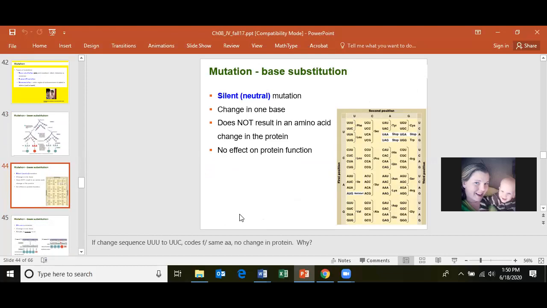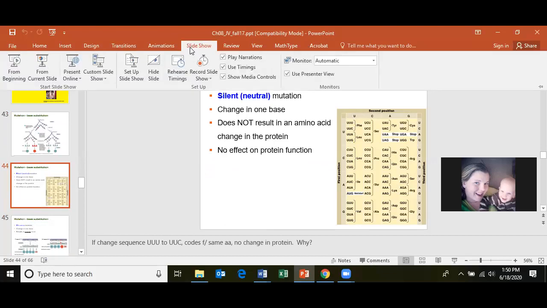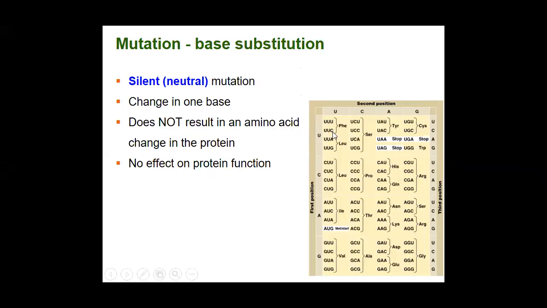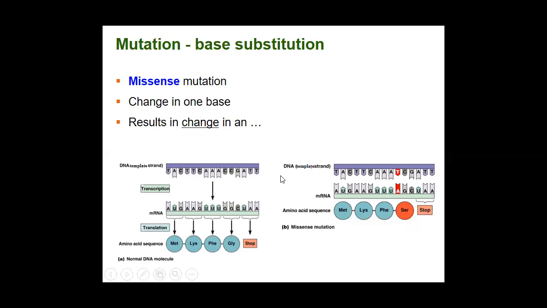Oh, here I've got a slide showing you a silent mutation. I didn't remember I had this slide here. Let me see if I can blow that up a little bit. If you change the base from UUU to UUC, that's a silent mutation because both codons code for phenylalanine. So there will be no change in the protein. A base substitution is when you change the nucleotide.